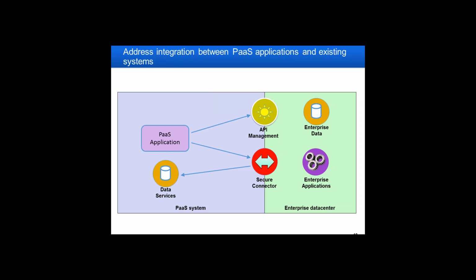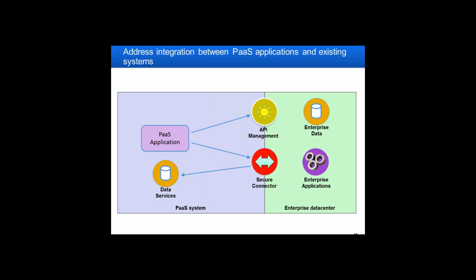Another approach, which is more commonly used for mapping data from inside the enterprise to a database that's existing in the PaaS system, is the secure connector. And that can allow for batch copying of data between the enterprise environment and the PaaS environment, or for dynamic fetching of data on demand.